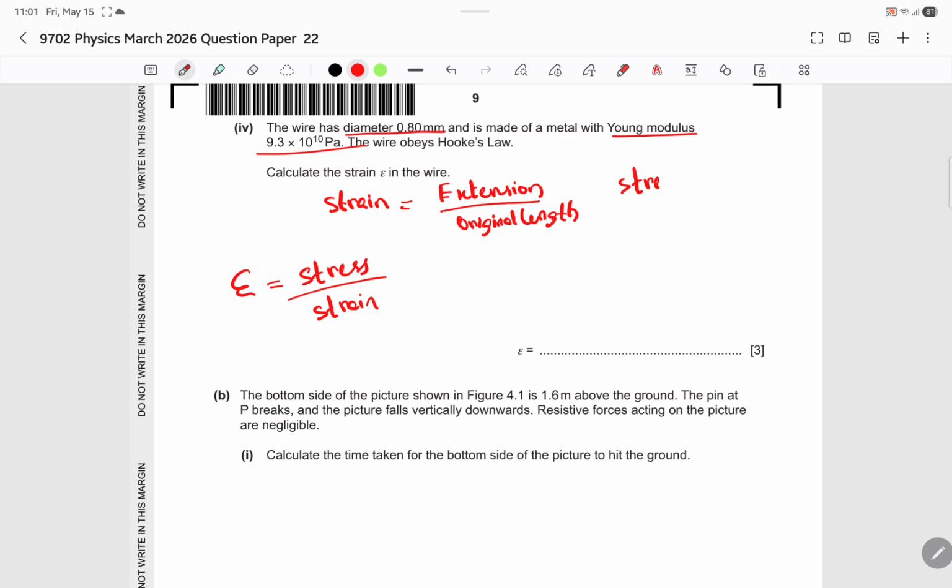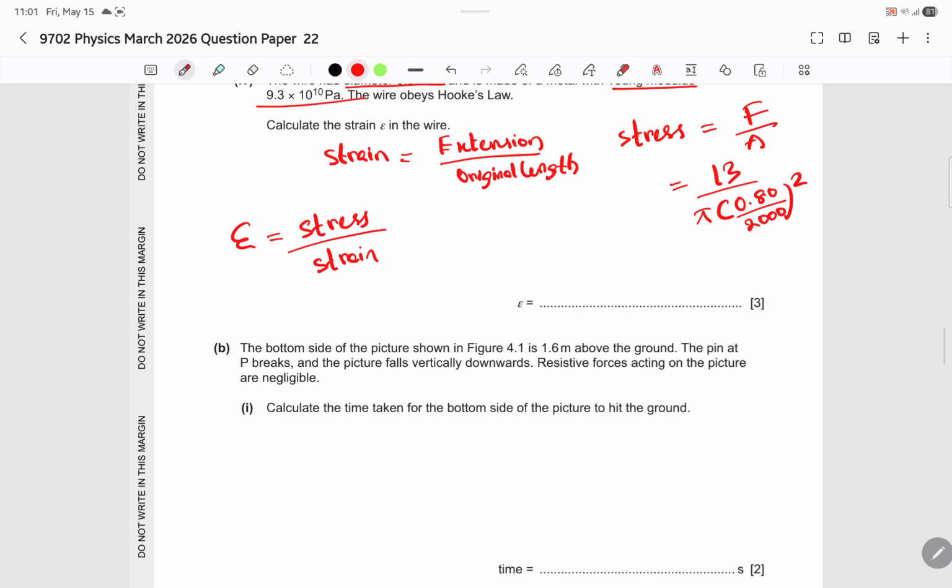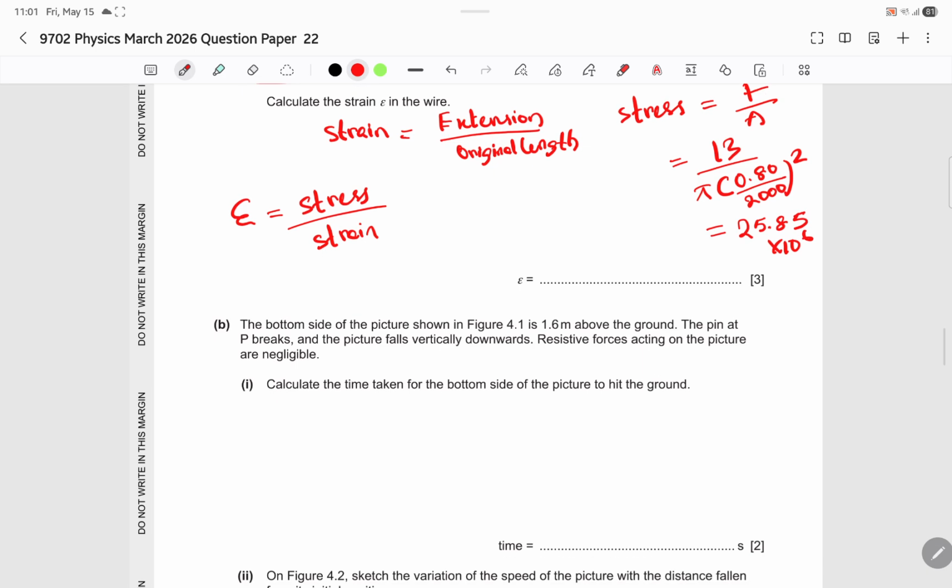Formula for stress is the same as pressure, force by area. Force is 13, area is pi r squared, but the diameter is 0.8, so to convert that, 0.8 divided by 2 divided by 1000, whole squared. So if we do this, we get 25.85 into 10 to the power 6.